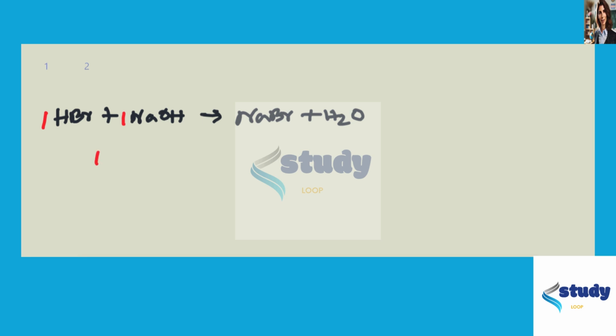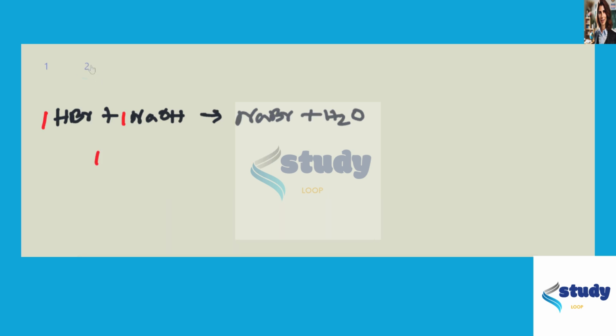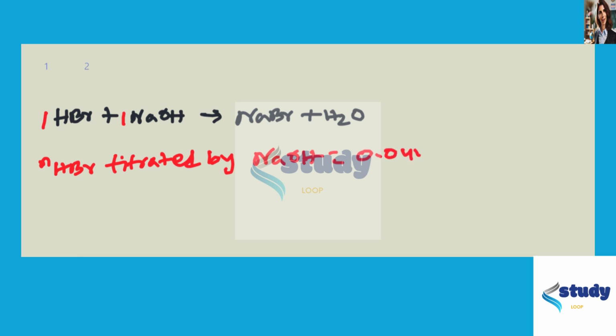That means this much sodium hydroxide will react with the same number of moles of HBr. That means we can write down now that the number of moles of HBr which is titrated by sodium hydroxide will be the same as the number of moles of sodium hydroxide, which is 0.044 mole.